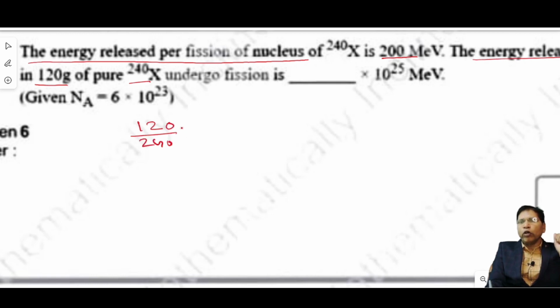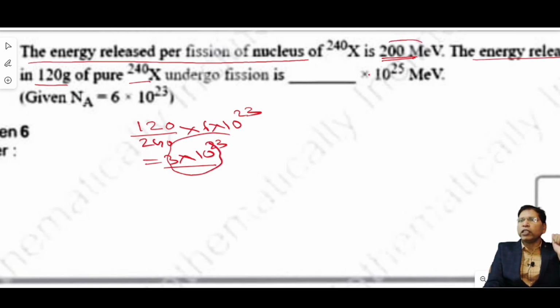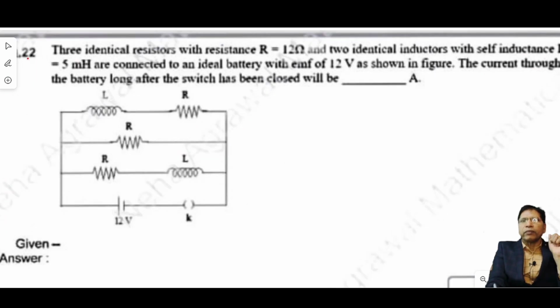So the number of atoms is this into 6 into 10 to the power 23, which is 3 into 10 to the power 23. Now the energy produced in each fission is 200 MeV, so the energy produced in this fission reaction is this into this. So this is 6 into 10 to the power 25.